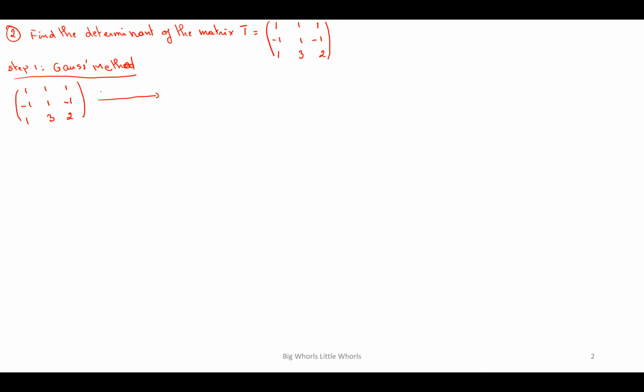We have row 1 plus row 2, which will give us 1, 1, 1, 0, 2, 0. And here we have minus row 1 plus row 3. We have 0, 2, 1. Okay.